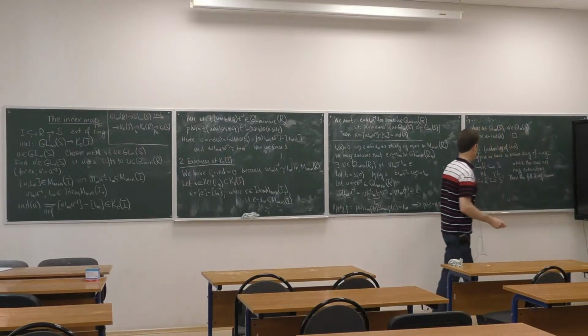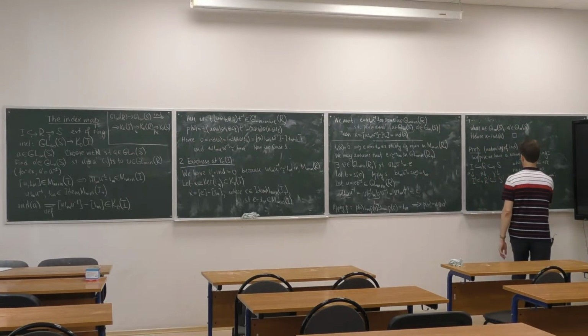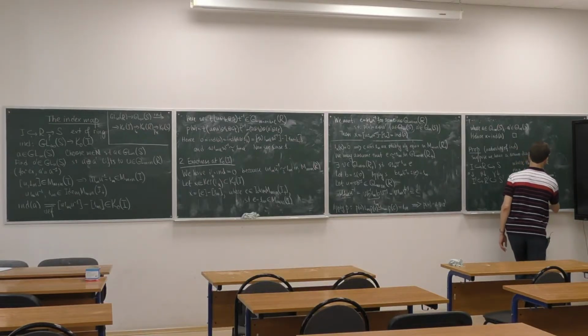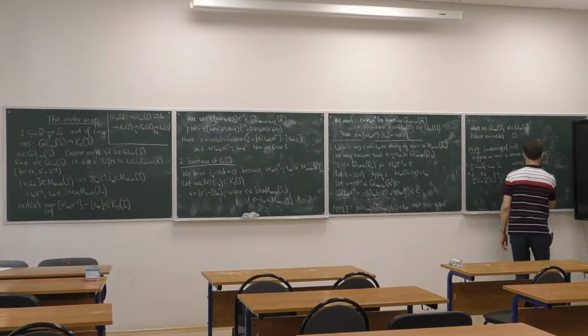So we can calculate the index map for this extension, which takes GL infinity over S to K0 of I. This is the index map.